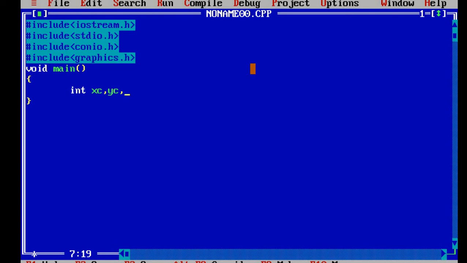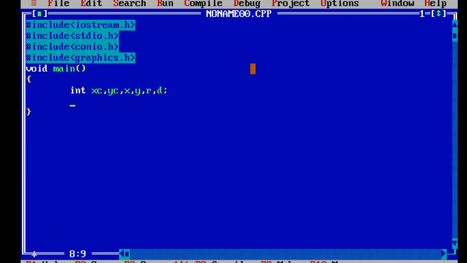Then x and y, which are the initialization values. Then r, the radius of the circle. Then the decision parameter, which I have taken as d.